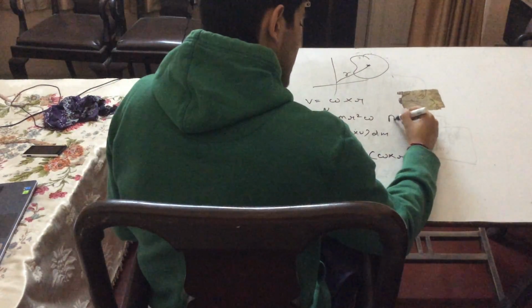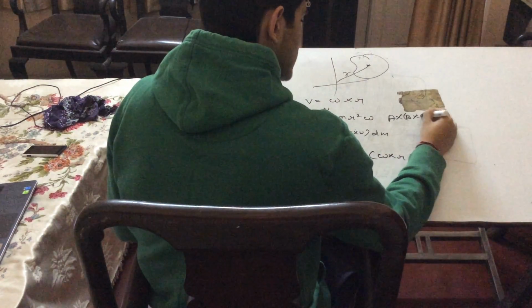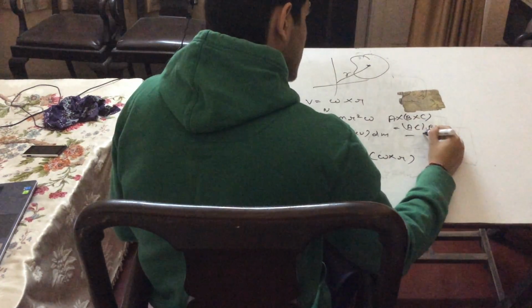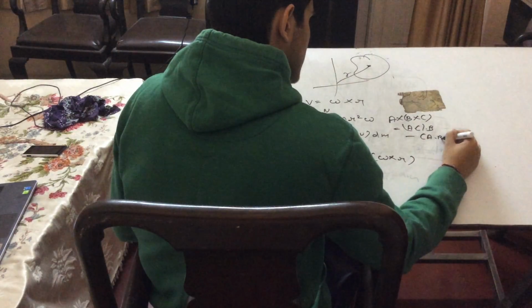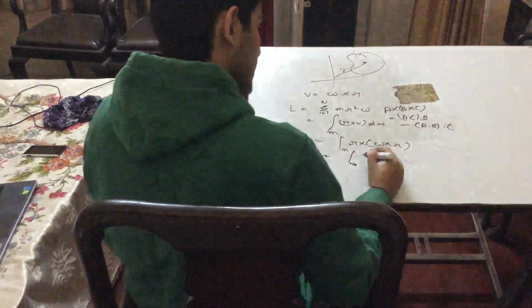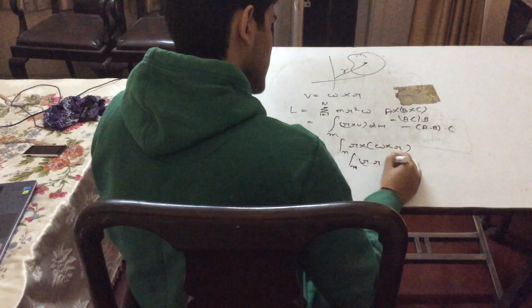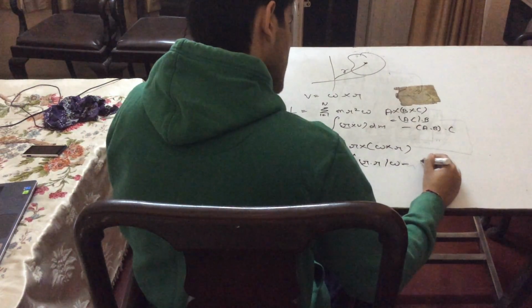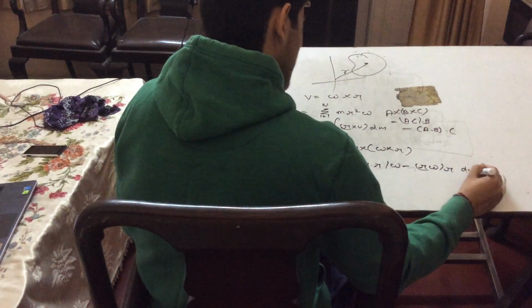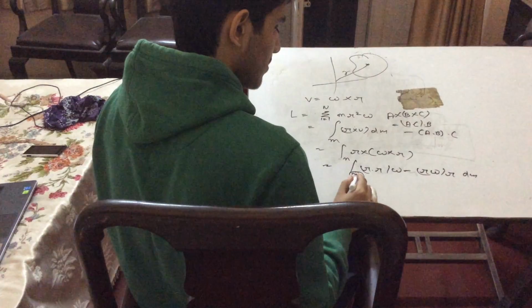Now we know that a cross b cross c equals to b times a dot c minus c times a dot b. So we can simply write this as r dot r into omega minus r into omega dot r, into dm, integrating over the mass m.